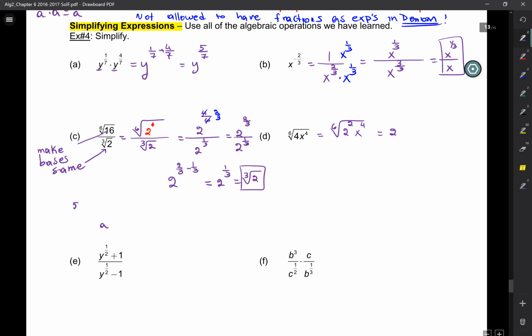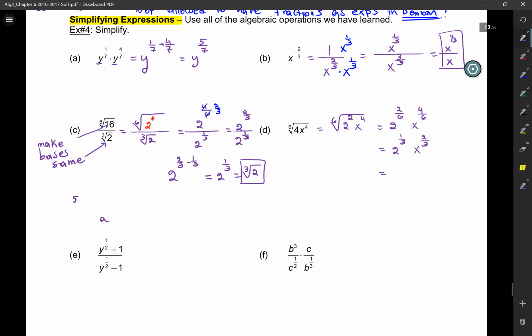So this is 2 to the power of 2 over 6, x to the power of 4 over 6. Simplifying, I get 2 to the power of 1 over 3, x to the power of 2 over 3, right? Now, my exponents are proper fractions, so I'm good.